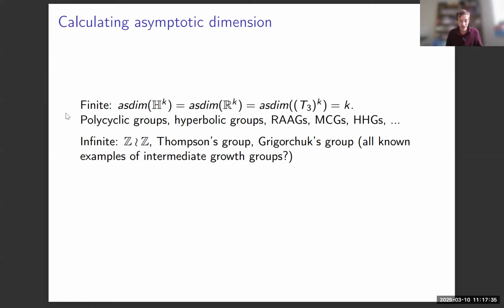And so there's no example where we could have a hope of proving that they had finite asymptotic dimension. Please, corrections if I'm wrong.